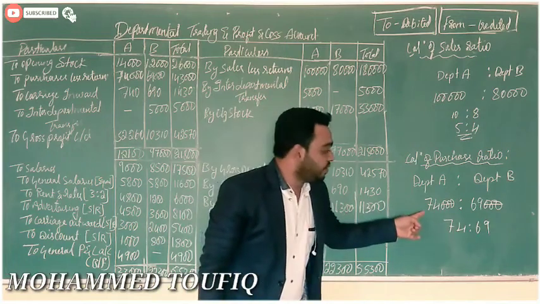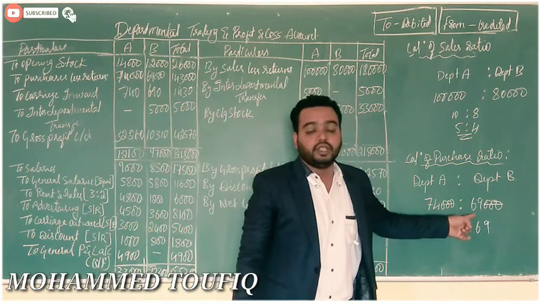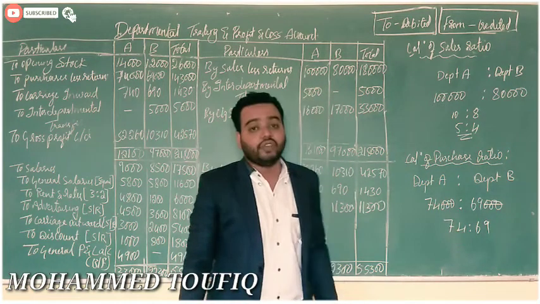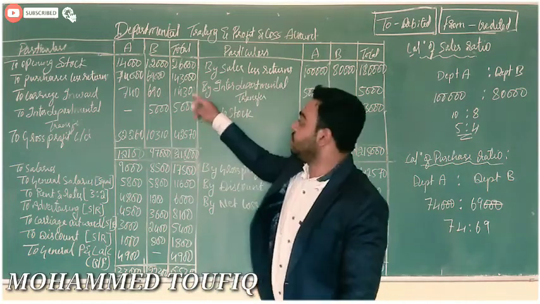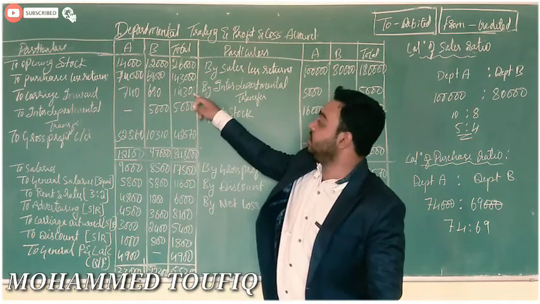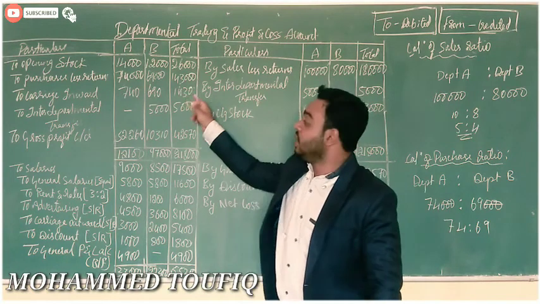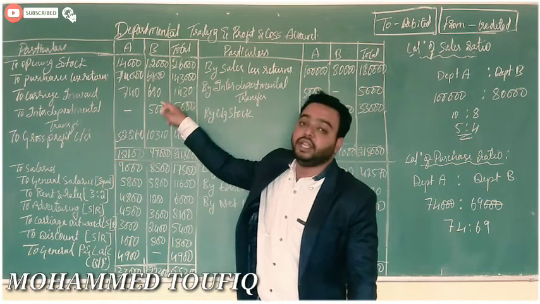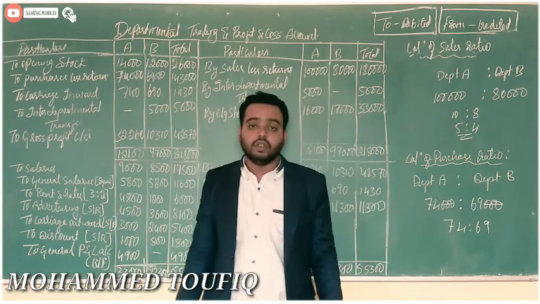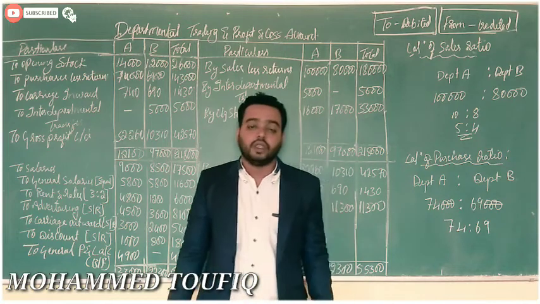The net purchases of department A is 74,000 and of department B is 69,000, so the ratio will be 74 to 69. On the basis of this ratio, the carriage inward amount of 1,430 rupees can be allocated as 740 and 690. So carriage inward is distributed on the basis of the purchase ratio.